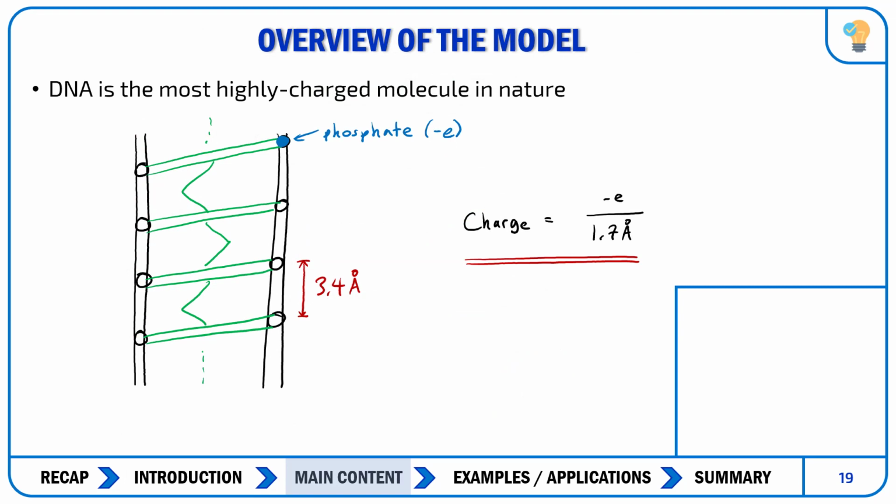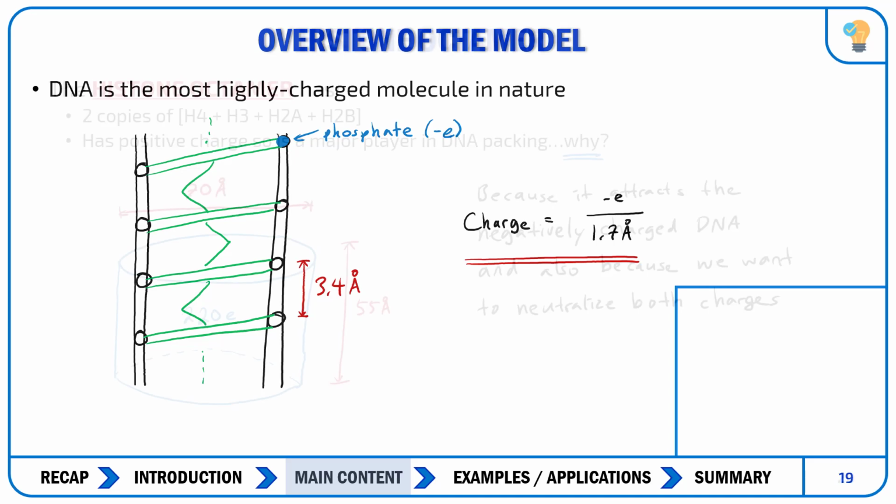So just a quick overview of what's happening here. You have DNA being a really highly charged negative molecule in nature. So it has to exist in nature with some counter ions. There has to be some positive counter ions that keep DNA stable as it's floating around in its regular environment.